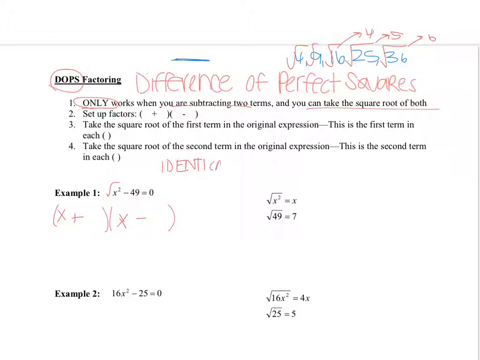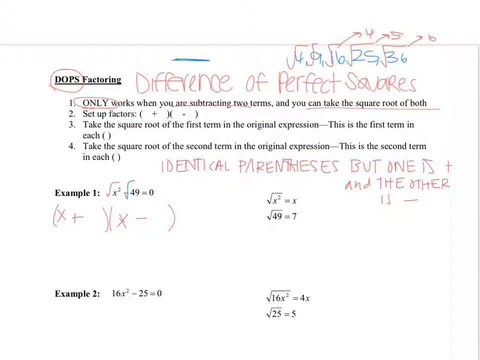Identical parentheses, but one is plus and the other is minus.